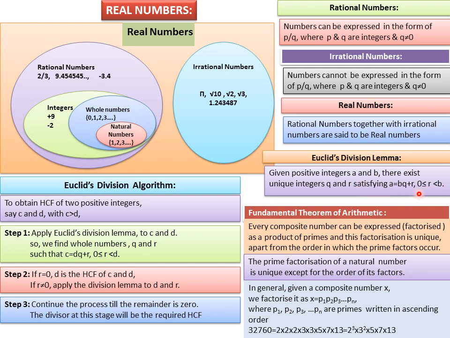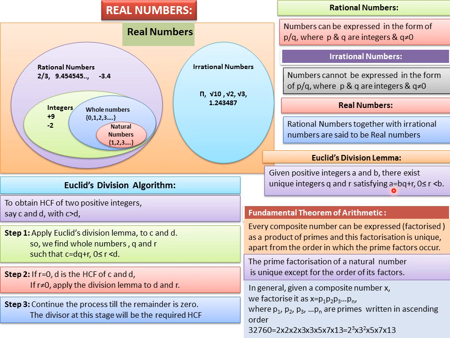So what does it actually mean? We are familiar with division in arithmetic. Suppose a dividend is divided by a divisor; we get a quotient and a remainder.